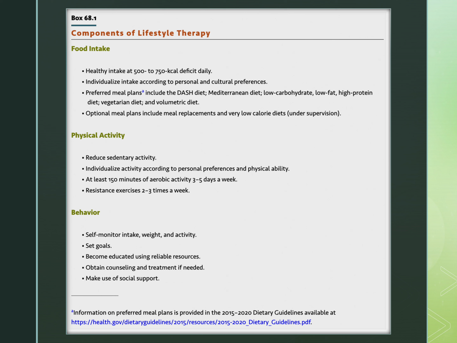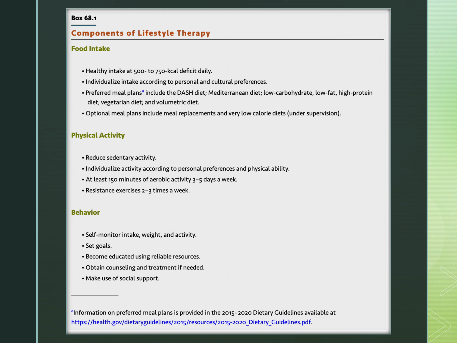Sometimes insurance companies will not pay for the drug of choice that your patient wants, so you do want to perhaps trial some other drug therapies, but most of the time you still need to go through the other modifications of lifestyle.